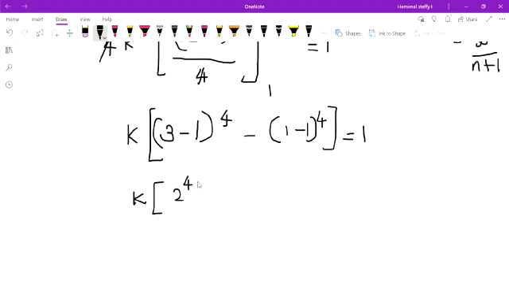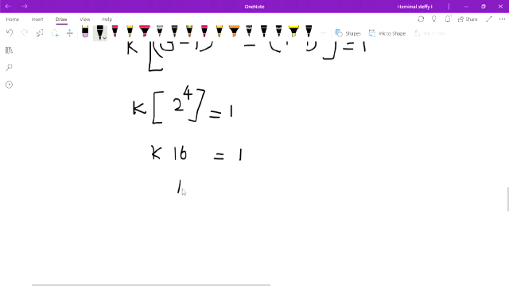So we don't need to write it; equal to 1. What is the 2 power 4 value? Yes, 16. So 16 is equal to 1. Then the k value is equal to 1 by 16.